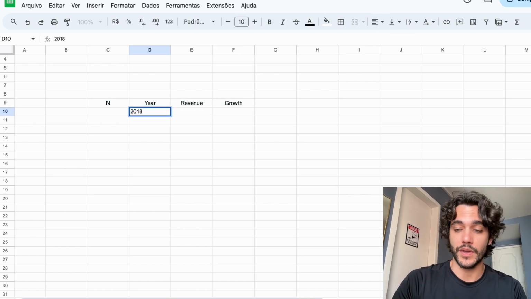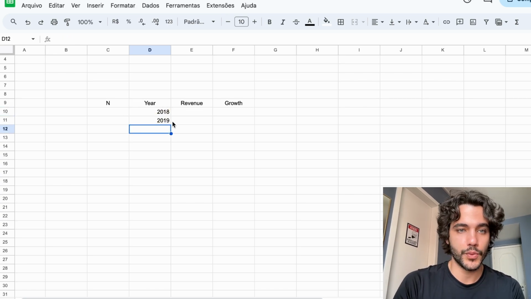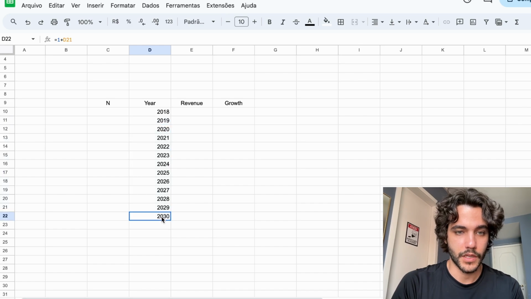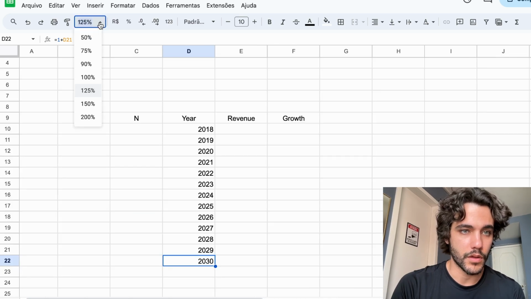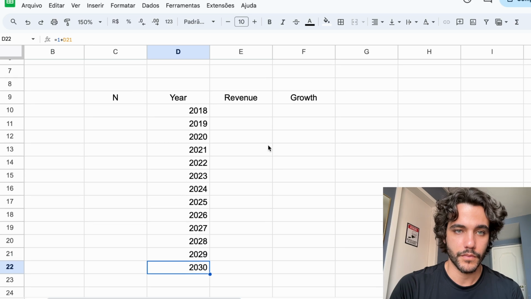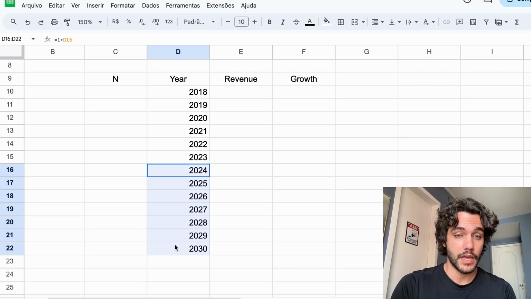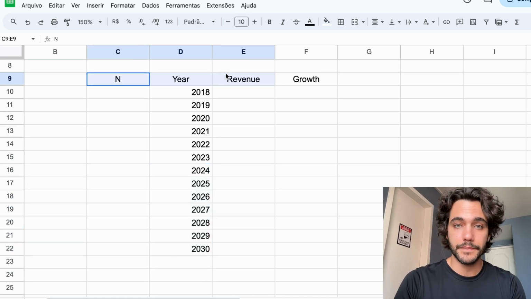Let's place our years here now. Let's start with 2018, going up to 2030. Let me just zoom in here. Okay, so let's make a 7-year projection here.